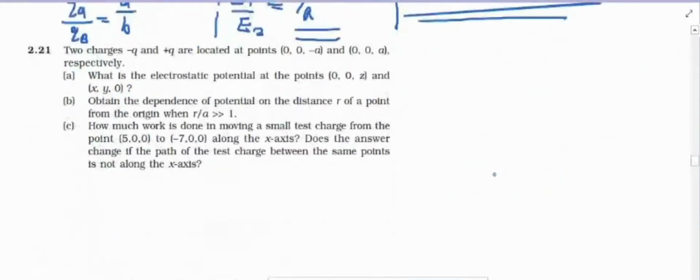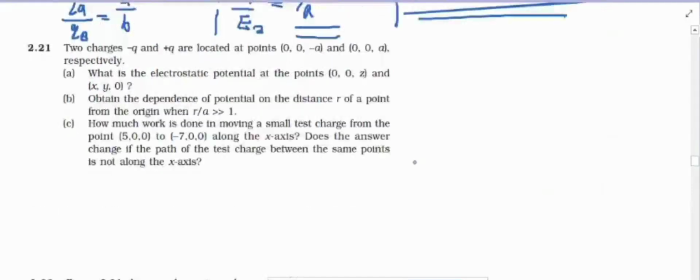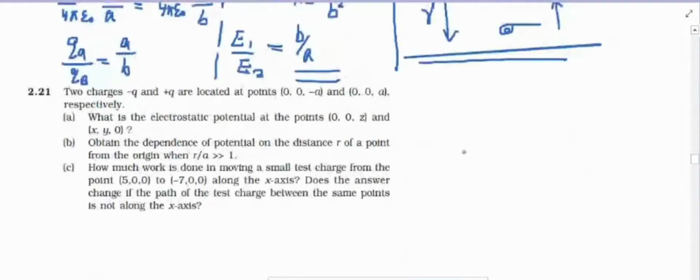Now next, question 21. Two charges minus Q and plus Q are located at 0, 0, minus A and 0, 0, A. So here the two charges are separated along the Z axis.